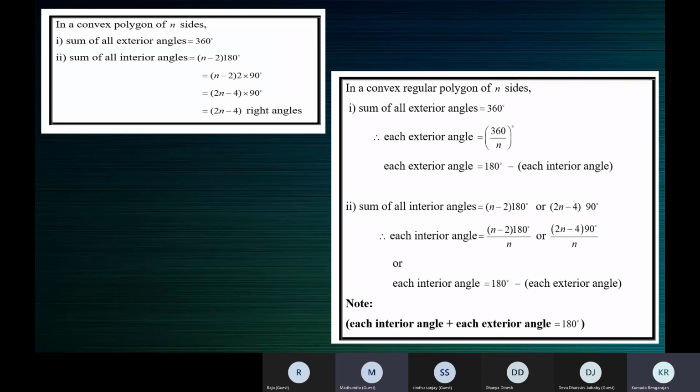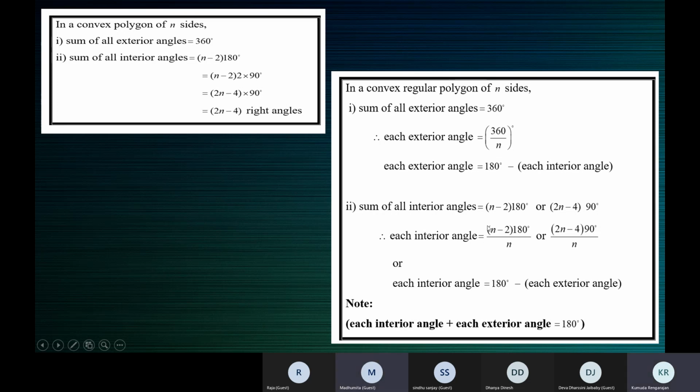Excuse me, ma'am. In a convex regular polygon, the second one, no, ma'am. Therefore each interior angle is (n minus 2) into 180 degrees by n, no, ma'am.